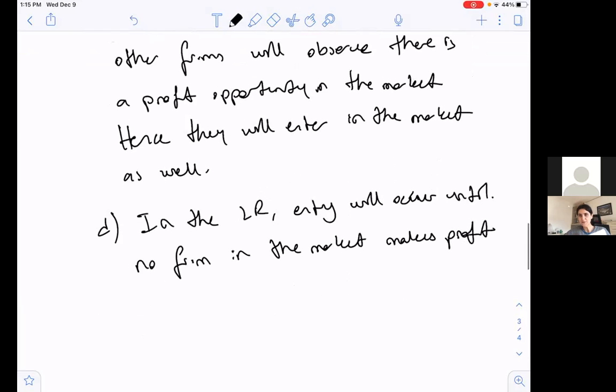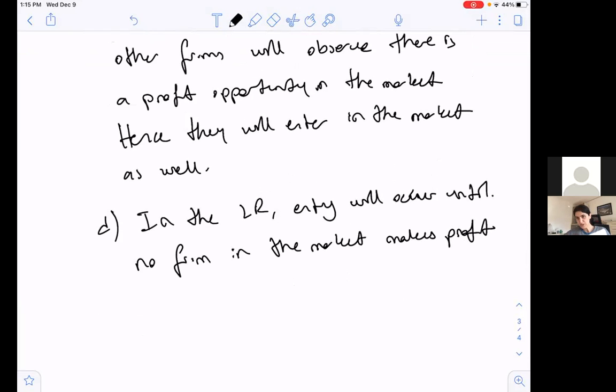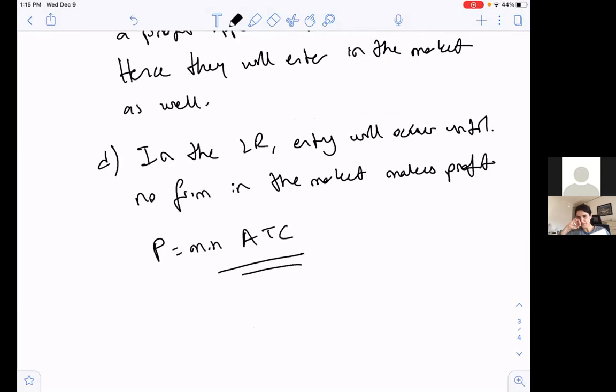Meaning what? Price will be equal to the minimum of ATC. How am I going to find the minimum of ATC?